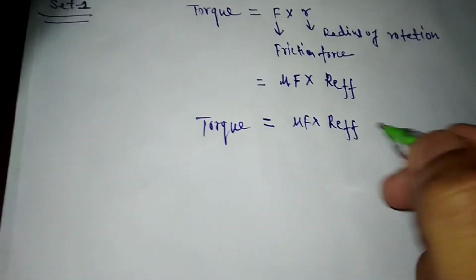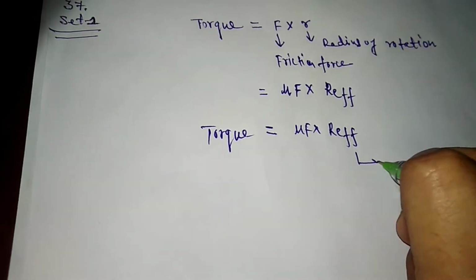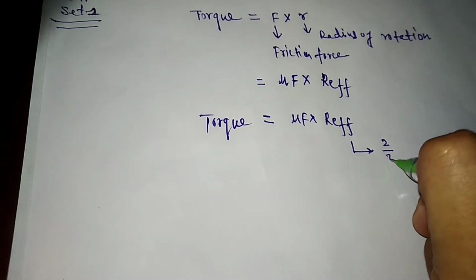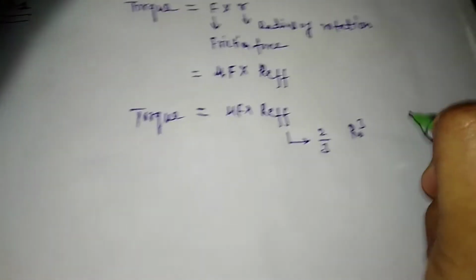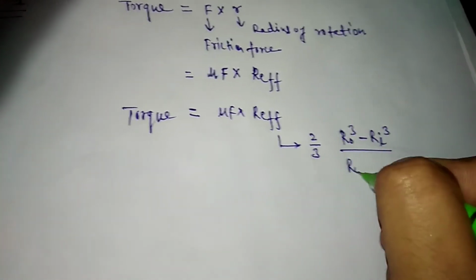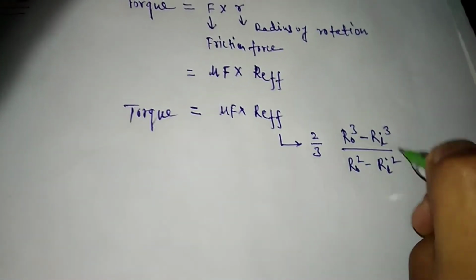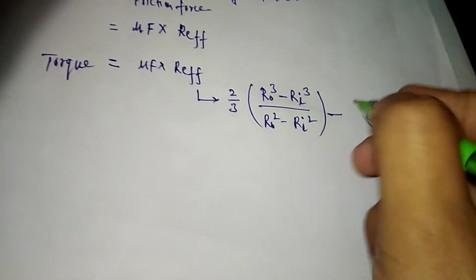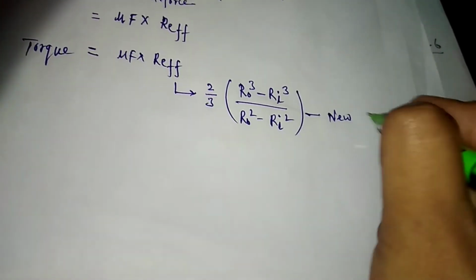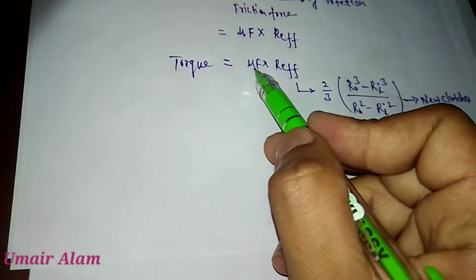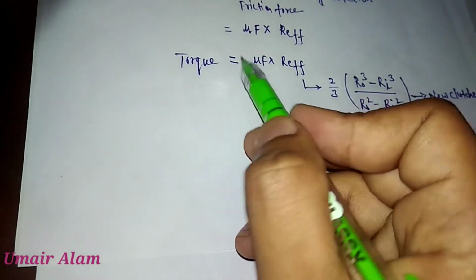And in new clutches this will be equal to 2 by 3 (r naught cube minus r i cube) upon (r naught square minus r i square). This is the effective radius in case of new clutches.